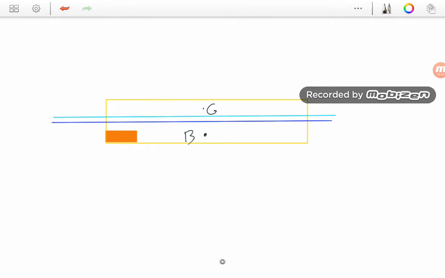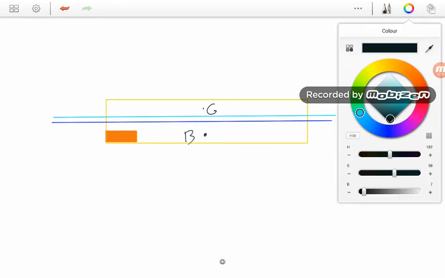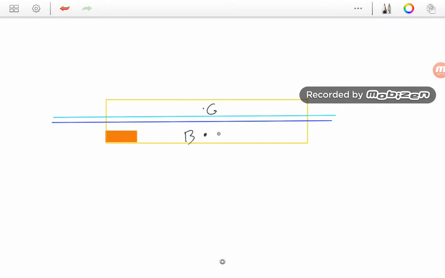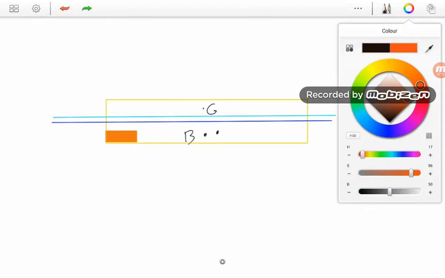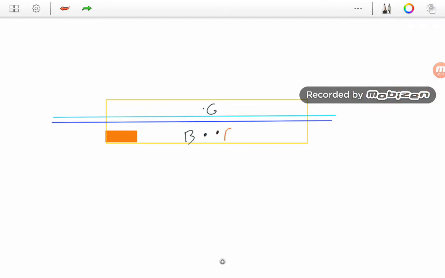After bilging, the center of buoyancy not only will shift upward, but will also shift to the side. Why? Because we are losing buoyancy from one side, and our new center of buoyancy will be somewhere here. This will be our new center of buoyancy.